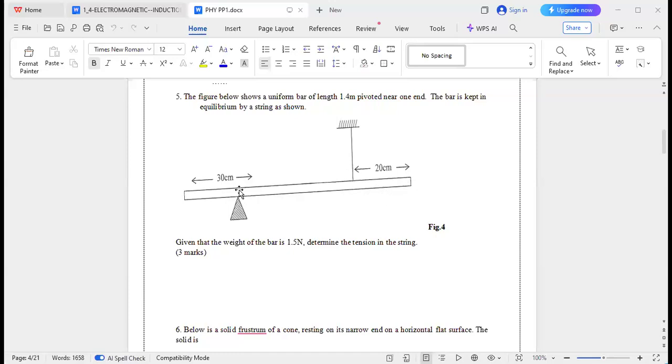So this is the equation: 1.5 times 0.4 equals T times 0.9.